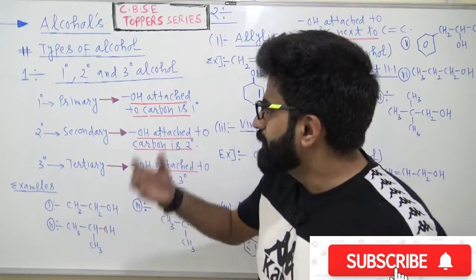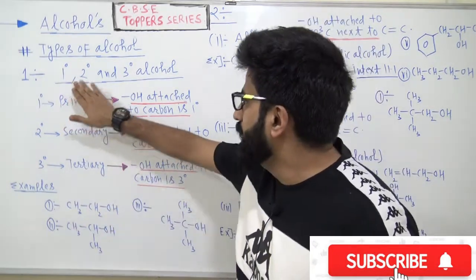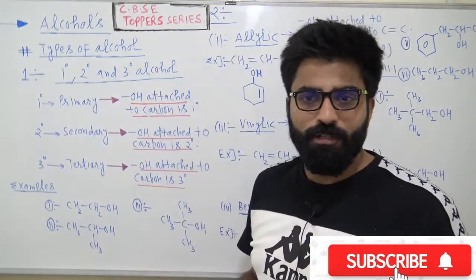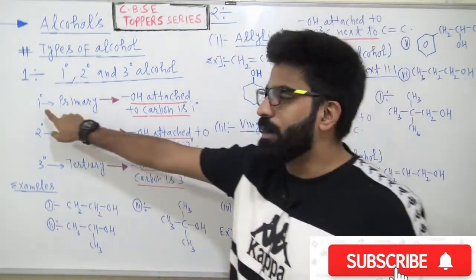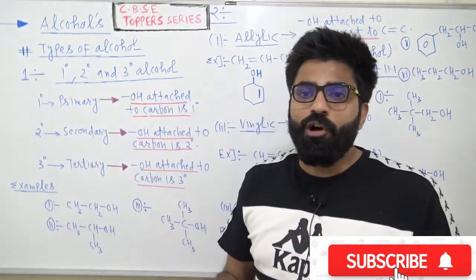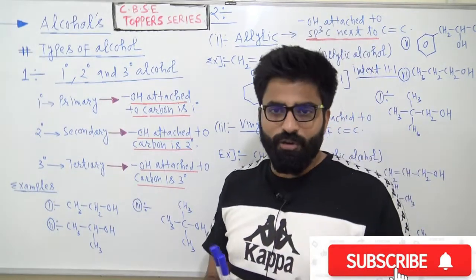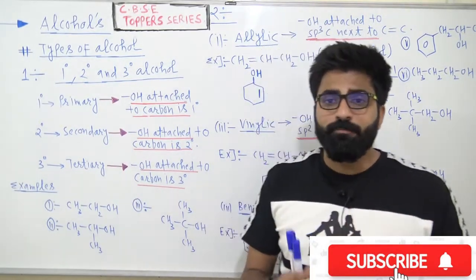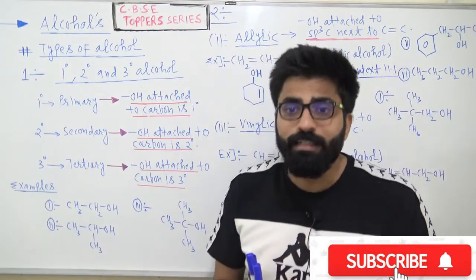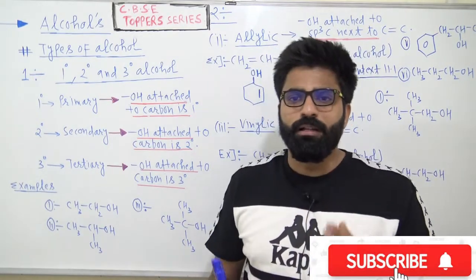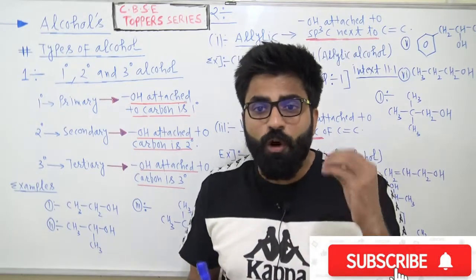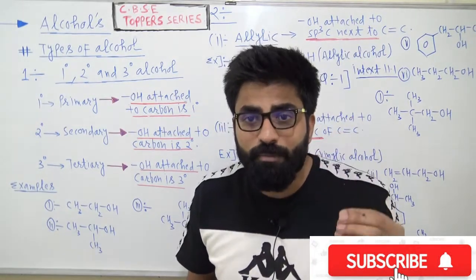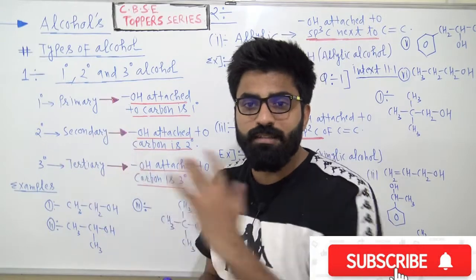First, let's come to 1 degree, 2 degree and 3 degree alcohol. 1 degree alcohol is also known as primary alcohol. How do we check whether the given alcohol is 1 degree or not? Very simple: you always check the carbon to which the OH group is attached.